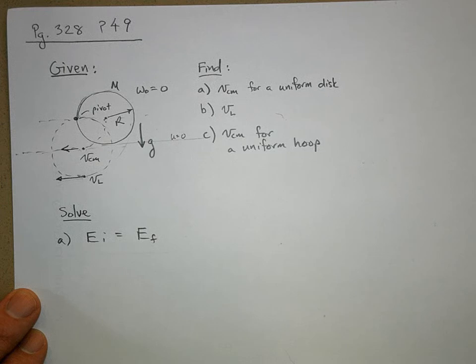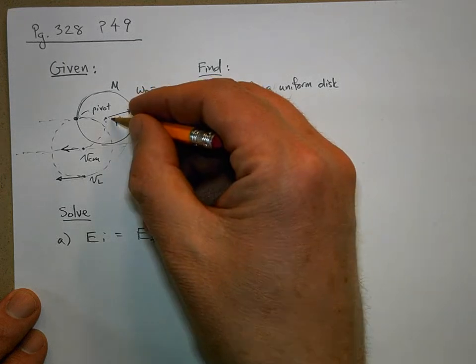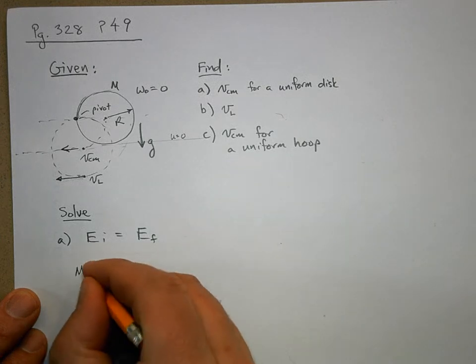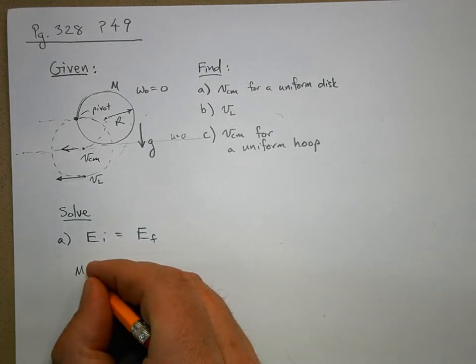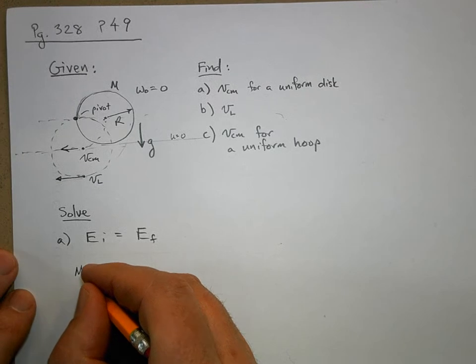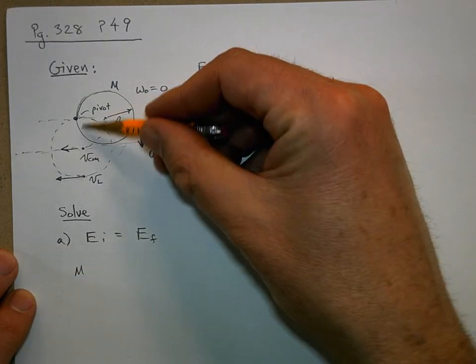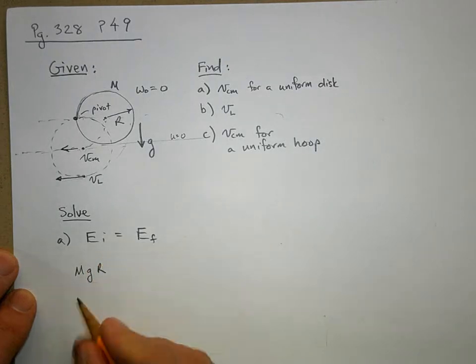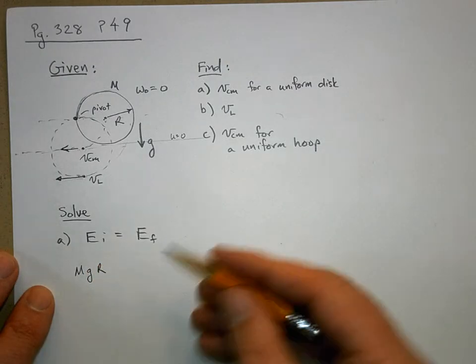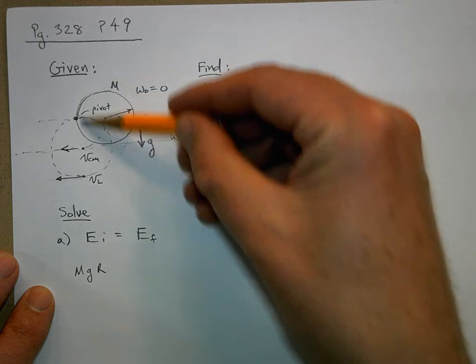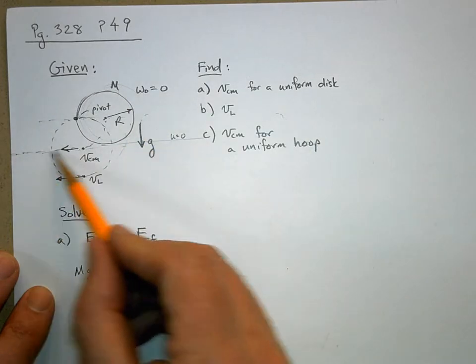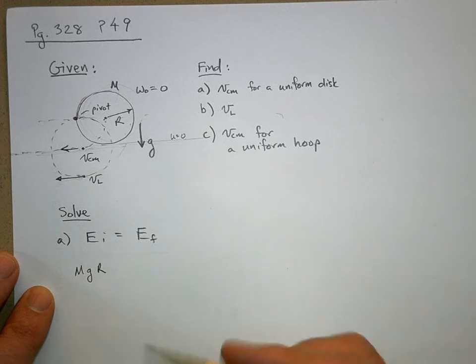So its initial energy was all gravitational potential. So that's going to be mgh, but h in this case is r. So mgr is the gravitational potential energy of this disk when it's in this position, if we say that zero potential energy is right here.